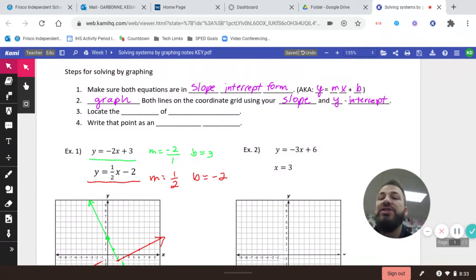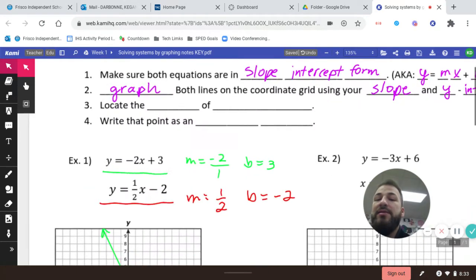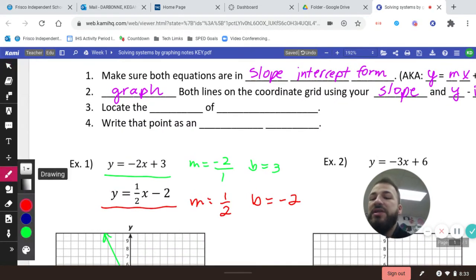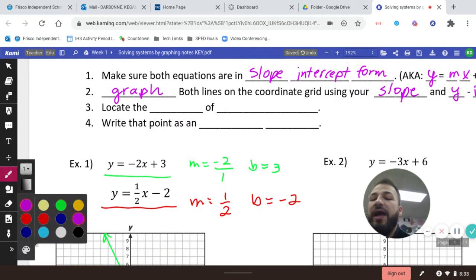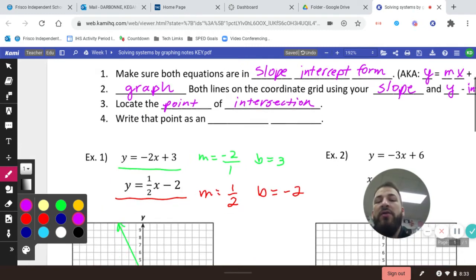So we actually call this the point of intersection. So step 3, we're going to find the point of intersection. So the point of intersection is where they cross.